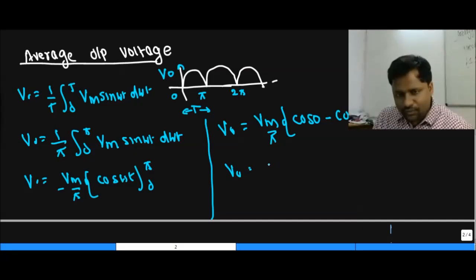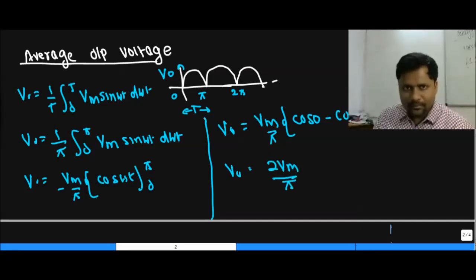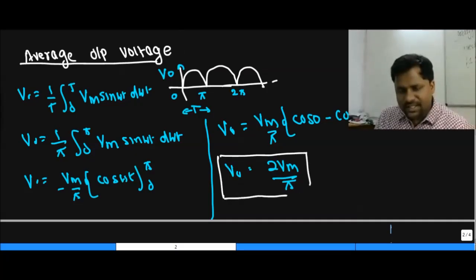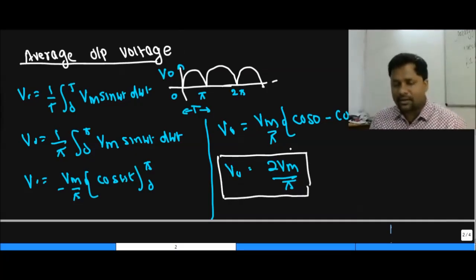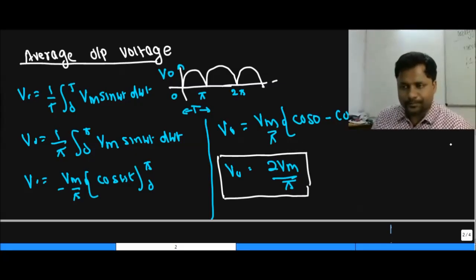V0 equals 2 Vm upon pi. This is the expression of the average output voltage for the full wave rectifier using R load.